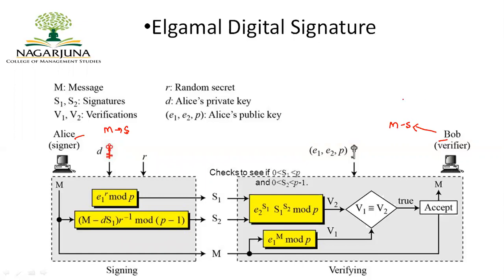The first and foremost thing that Alice does is use the private key, which we call D. We are going to select a private key, where this private key is a primitive root of the taken P value. Here P is the large prime number which we have taken, and E1 is the first public key.